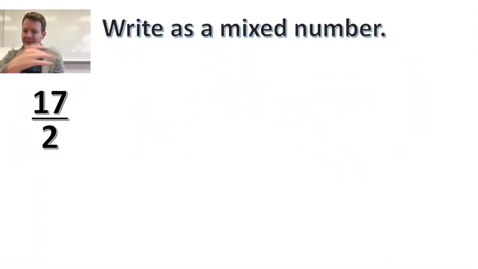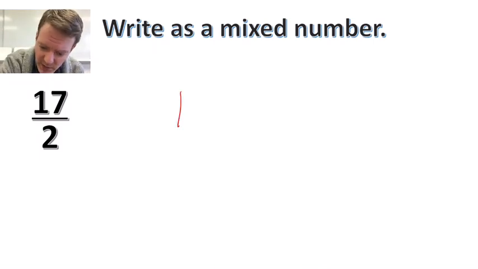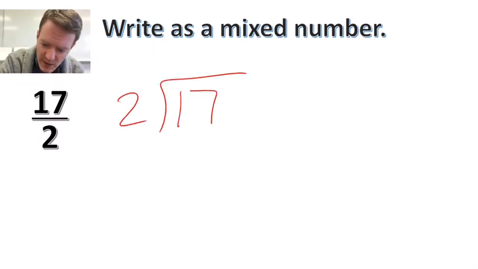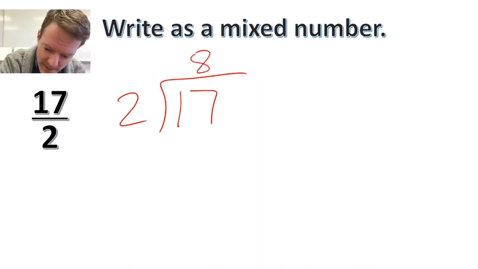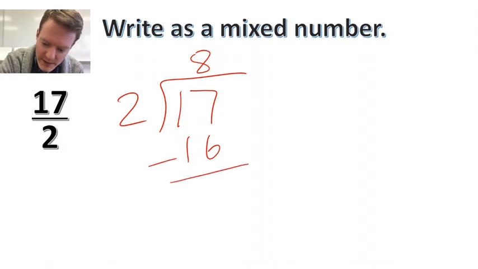Now let's just do 2 examples real quick. So here it says 17 halves without a picture. 17 halves, 17 over 2. What's that as a mixed number? Again, you would divide 17 divided by 2. 2 goes into 17. How many full times? It goes in 8 times. 8 times 2 is 16. And when you subtract, you get 1.